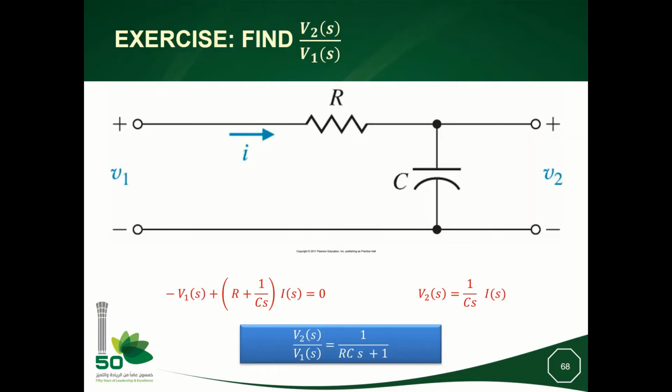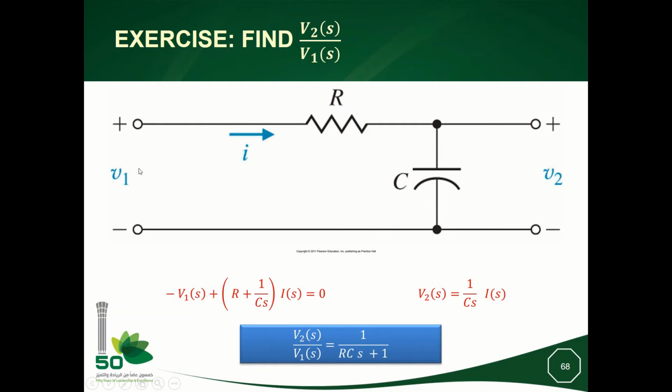This is an example of an RC circuit, and the objective here is to get the transfer function of this circuit. So the transfer function is defined as the ratio of V2(s) over V1(s), where V1(s) and V2(s) are the Laplace transforms of v1 and v2.